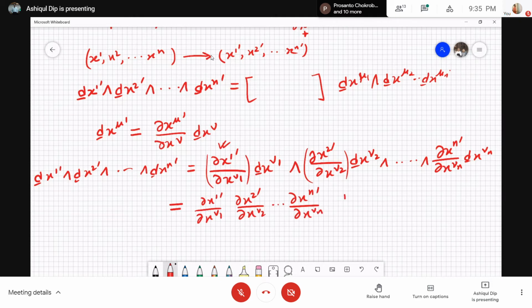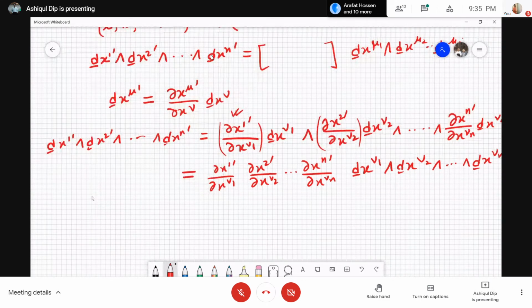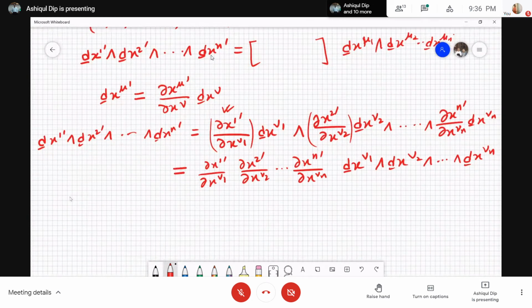Then dx nu 1 wedge dx nu 2 wedge up to dx nu n. So now we have achieved our goal of writing the n-form in n-dimensional space in terms of the newer coordinate. This is the relation between older and newer coordinate, the same thing written in terms of older and newer coordinate.